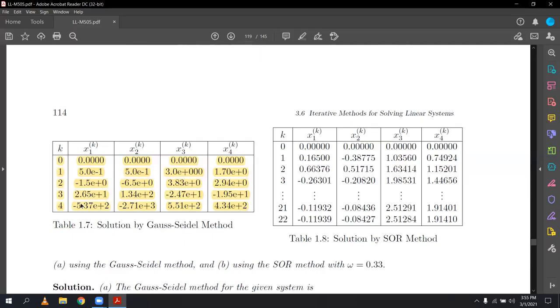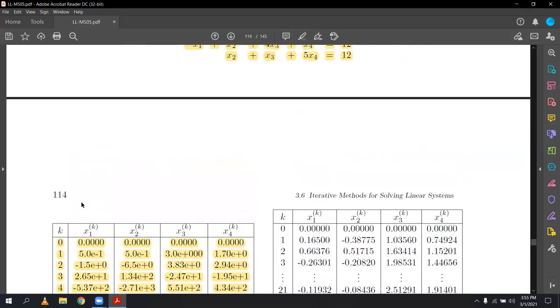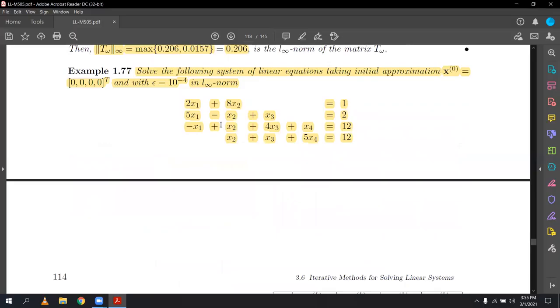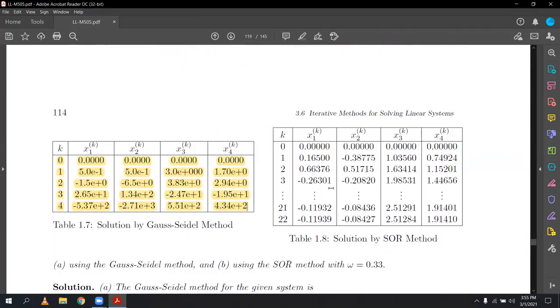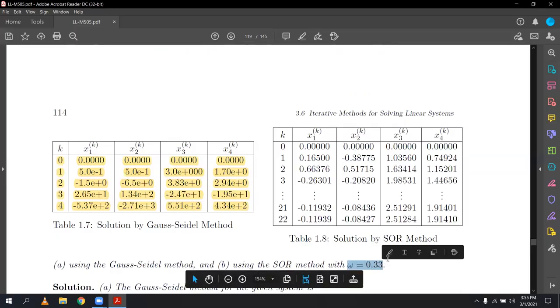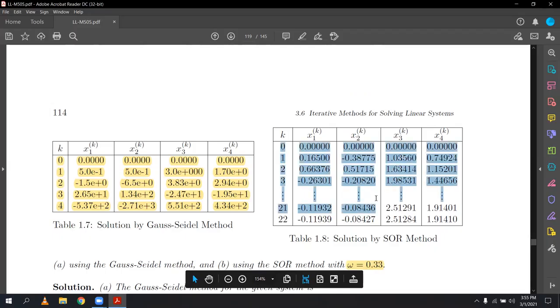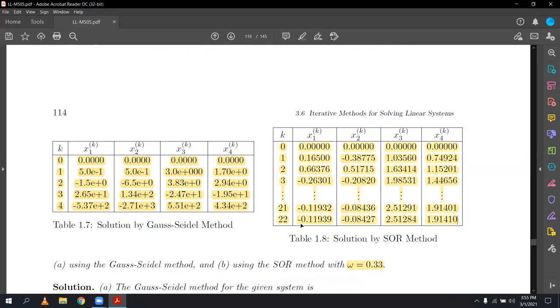It means something is wrong, and what is wrong? The Gauss-Seidel method for this system diverges. But we use the under-relaxation method to make it converge, and that I used here. I chose a value of omega, and for this value of omega, the method converges. It converges, but very, very slowly.